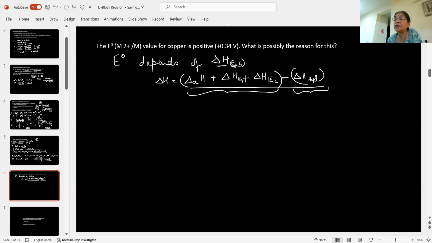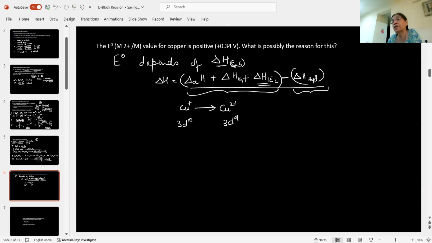Now, if this part is high and this part is low, then delta H will be positive, right? In most other cases, it is negative because hydration energy is higher. Now, in case of copper, this IE2 is very high. What is IE2? Changing Cu+ to Cu2+. You require a lot of energy. Why? Because you are removing an electron from 3D10 and making it 3D9.